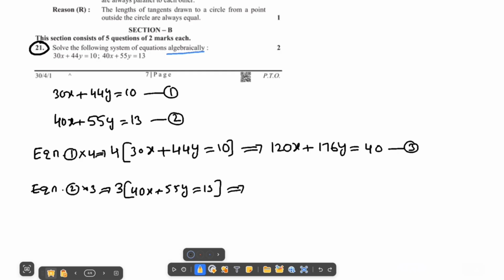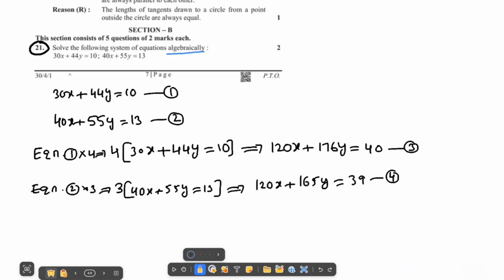This will give us 3 into 40x, 120x, plus 3 into 55y, 165y, is equal to 3 into 13, 39. Let this be equation 4.